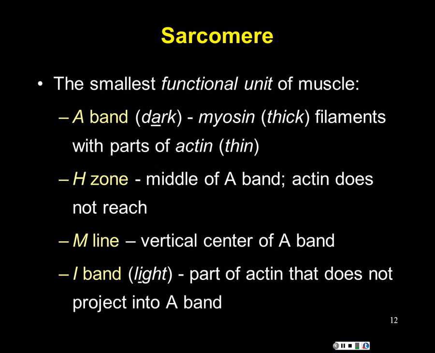Okay, so the I band includes the Z disc or the Z band, so you might add that in there. It's the part of the actin that does not project in the A band, and it also includes the Z line. Everybody catch that?